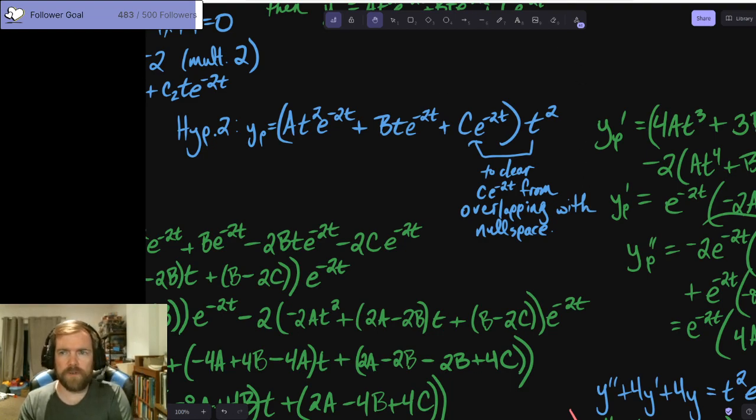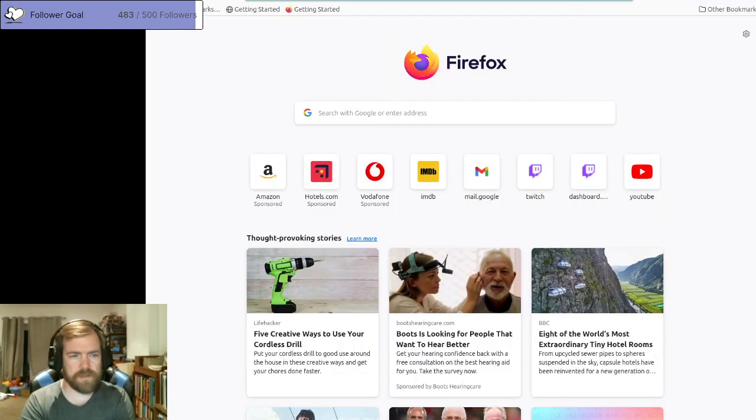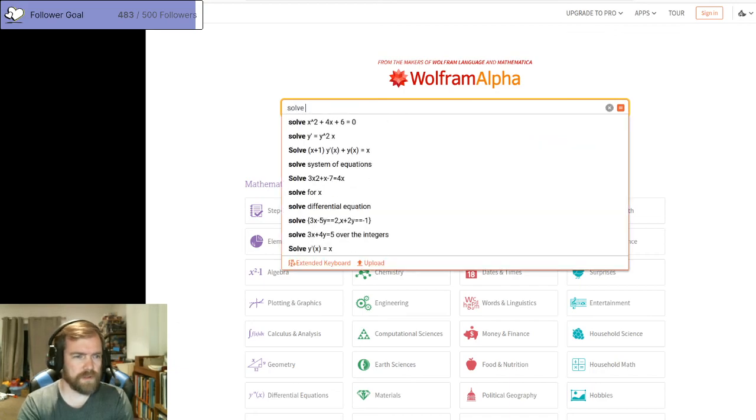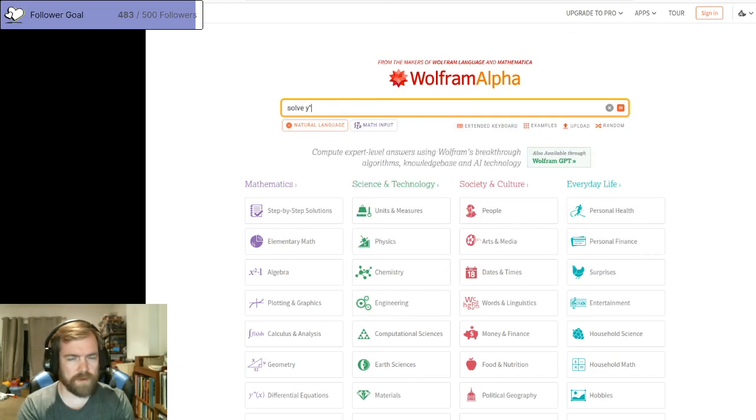So let's go to Wolfram and see what it decides. Solve y double prime plus 4y prime plus 4y is equal to t squared times e to the negative 2t.